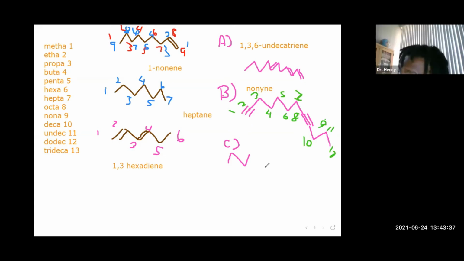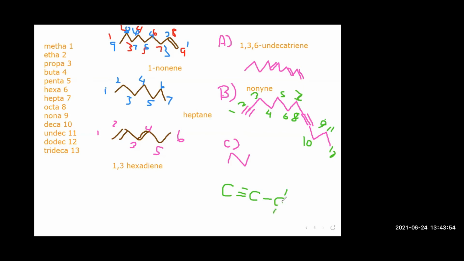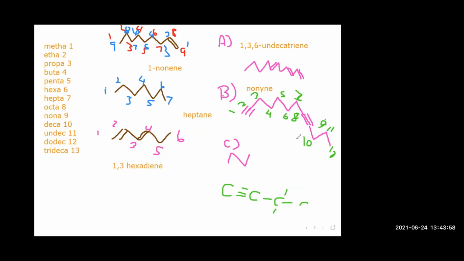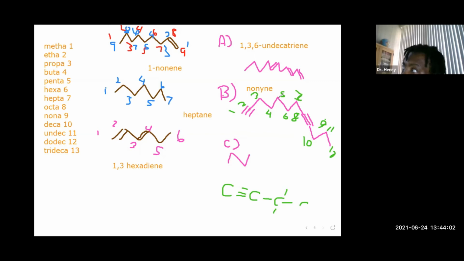Yep, if you look at this, you're seeing C, triple bond, C. Then you have C, single bond, with its hydrogens. Then you have another C, that would be 3, fourth would be 4, and then another C, and so forth.